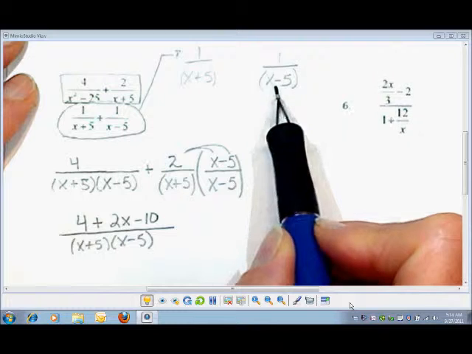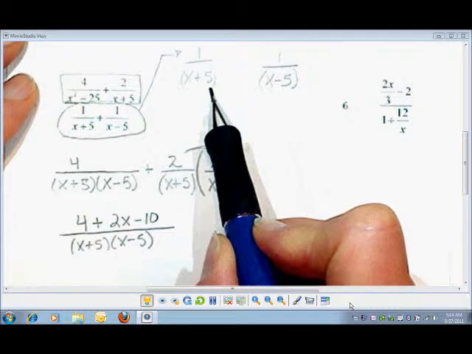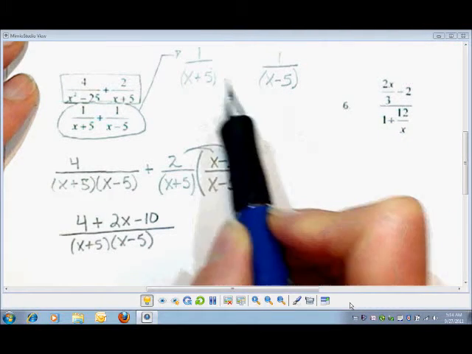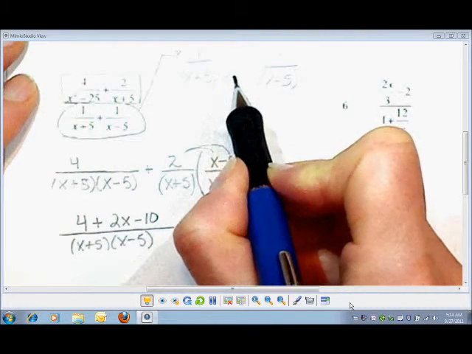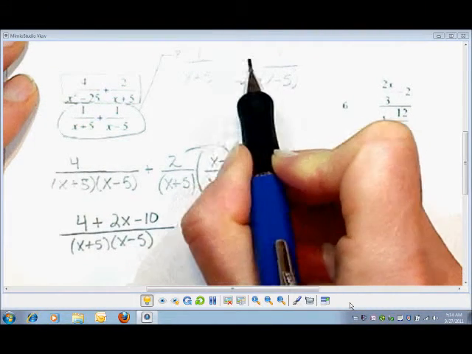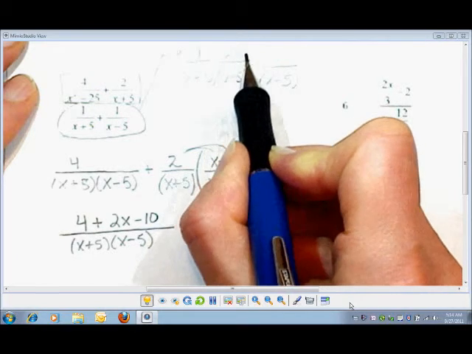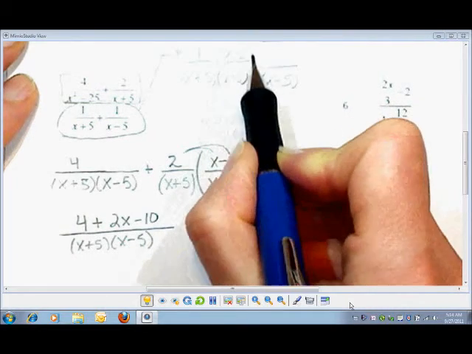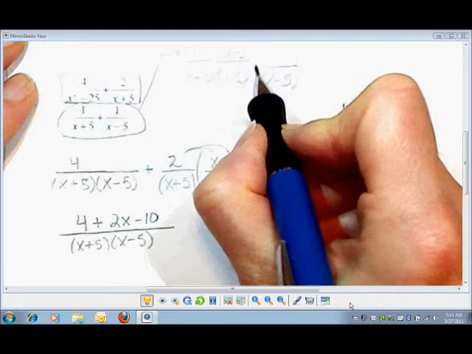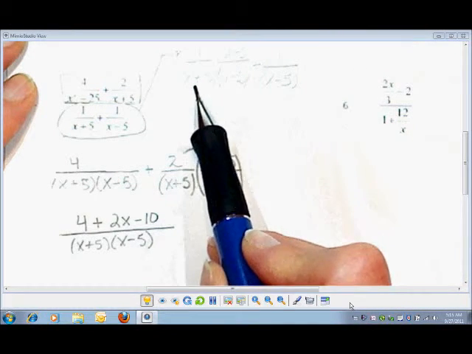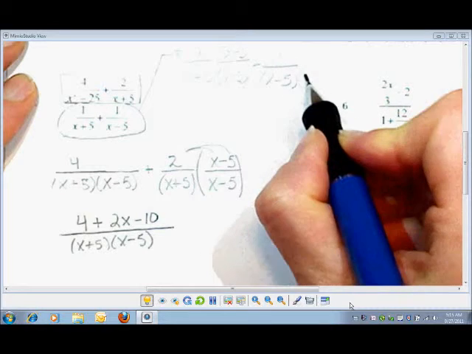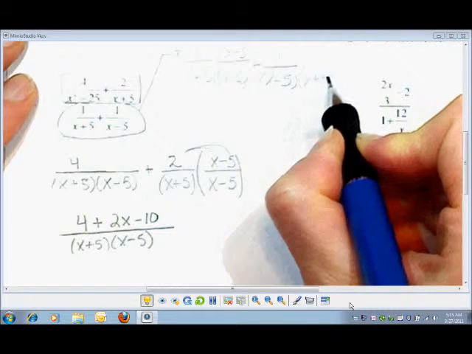What does this fraction have that this one does not? Well, this fraction is clearly missing x minus 5. So I have to make it, that's clearly a 1. What's this denominator missing that this one has? Well, x plus 5.